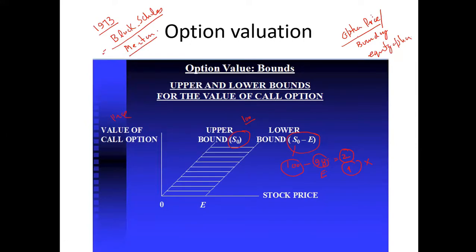So it has come to be known as the Black, Scholes, and Merton formula. Black is no more. These two people received the Nobel Prize in Economics for the invention of this formula.